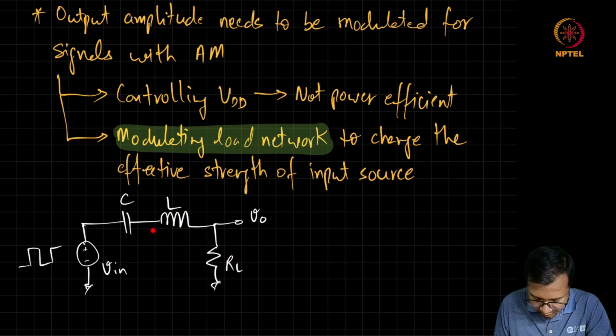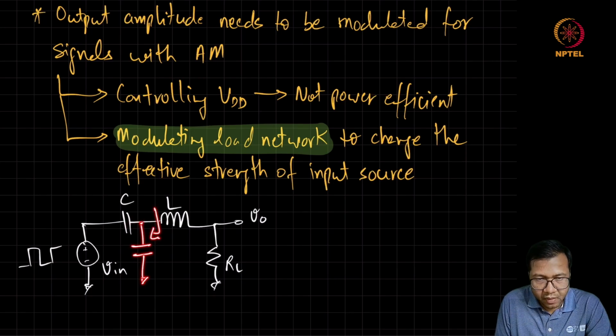So if you want to change the looking in impedance from the load side, what we can do is we can create an impedance division with the help of this capacitor such that looking from the source side, you will be having an equivalent source with a reduced strength, and as a result of which we will expect that the output load will also be having a reduced amplitude.